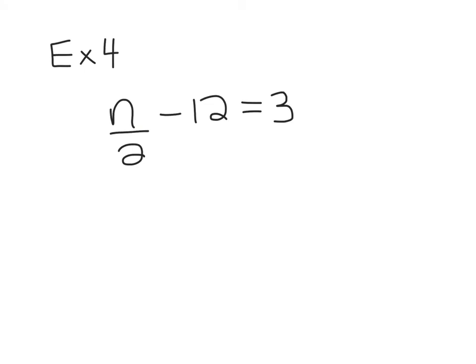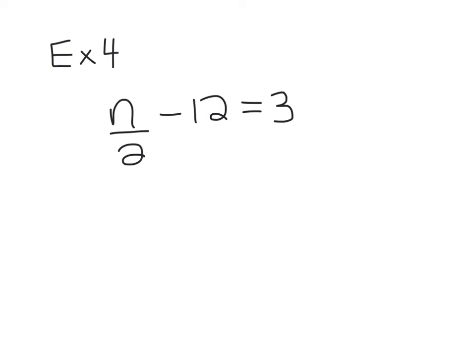When you look at this question, you have to remember you're trying to get the variable by itself, and we can see here that we have subtract 12 and we have a divide by 2. Remember, we do the adding and subtracting first, so that means we're going to tackle this subtract 12 first.